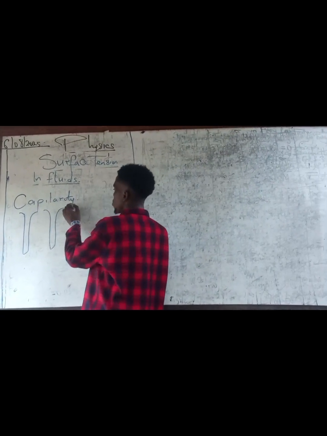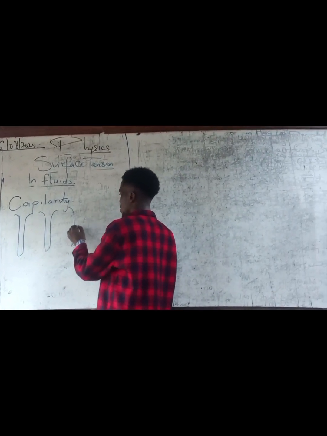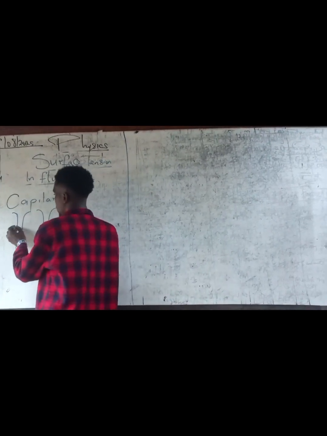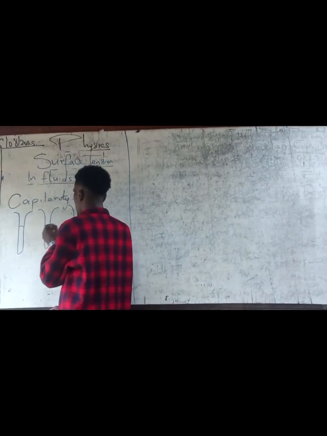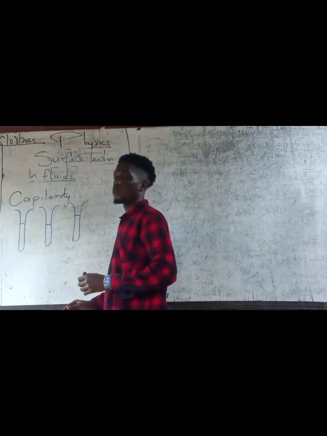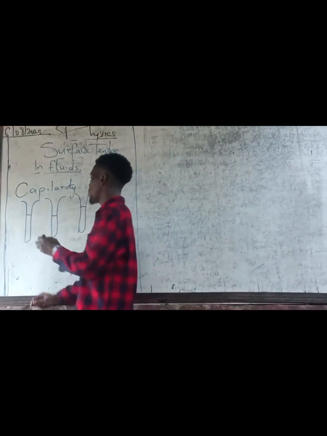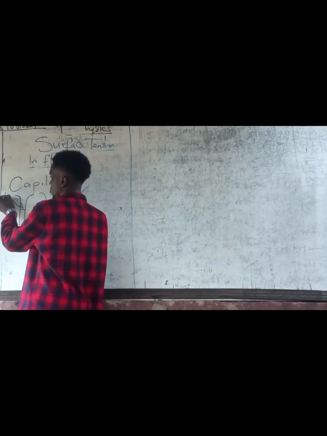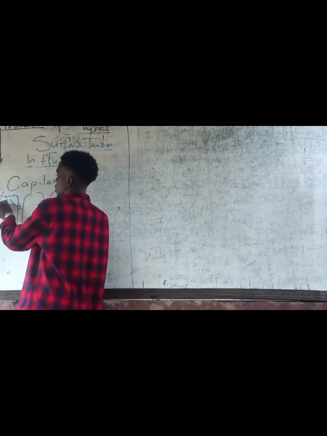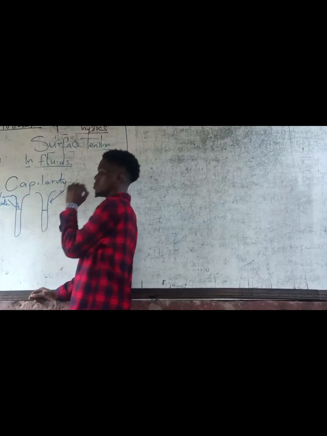So when you have 3 test tubes, for instance, and you fill each of them with different liquids. Are you with me? So let's say this one is filled with clean water, this is filled with soap water.